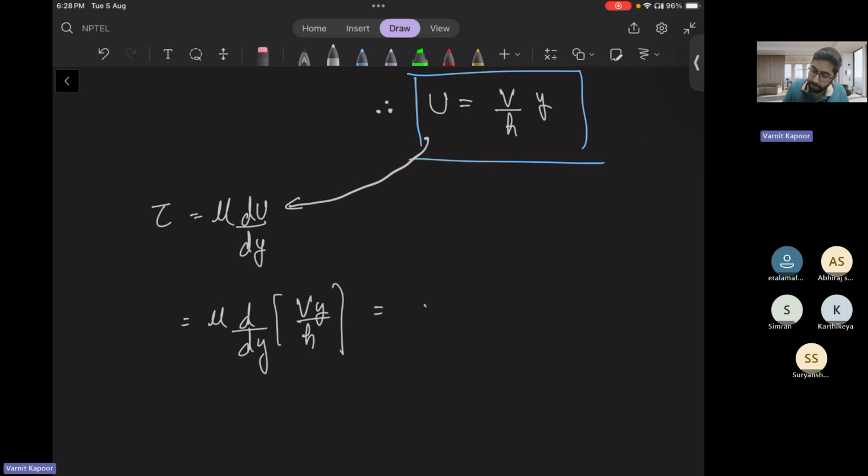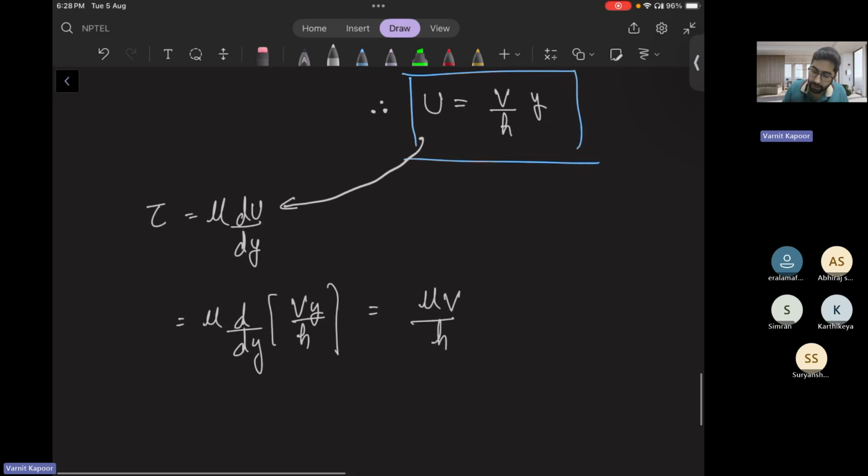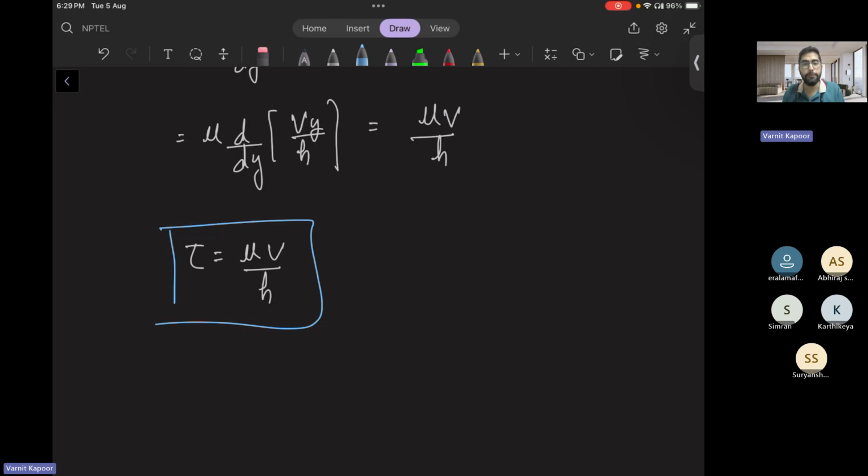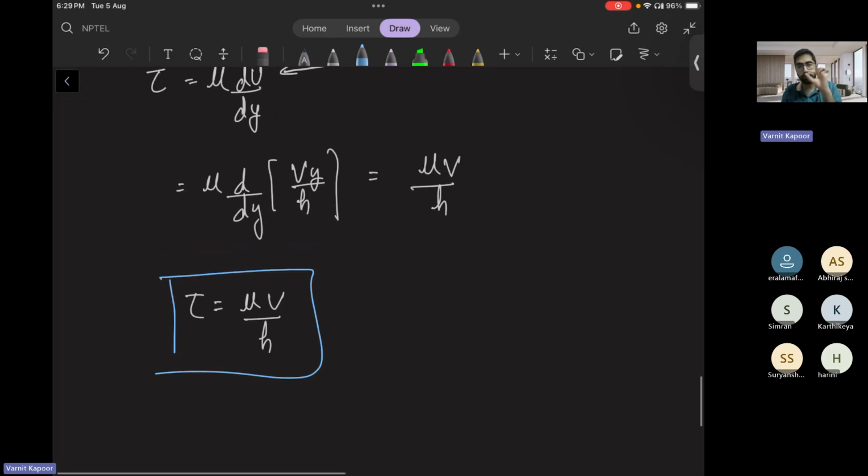If you differentiate, it will be mu v by h. Therefore you can say that your shear stress is mu v by h. And all these values are constant. Mu is constant for a liquid. Velocity is constant at the upper layer. h is constant, that is the thickness. So all of these values are constant.